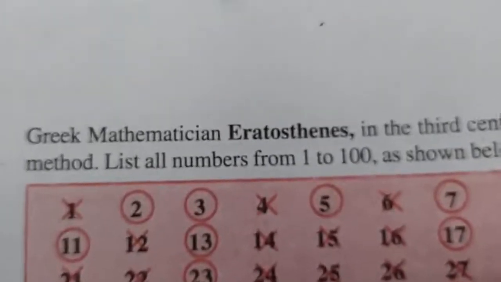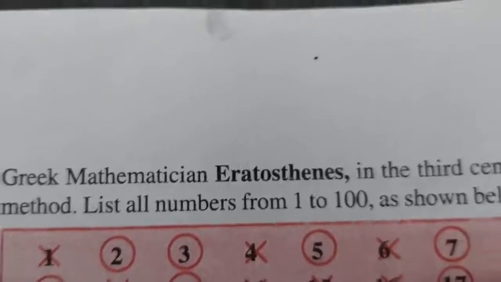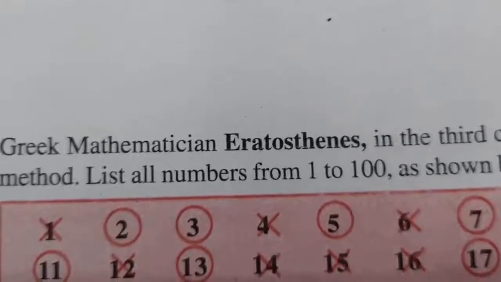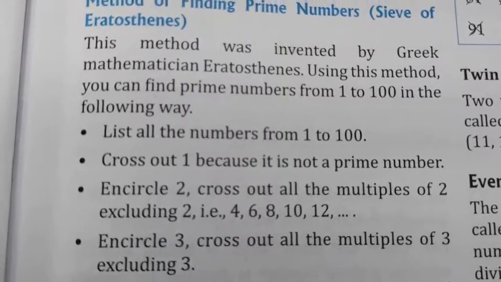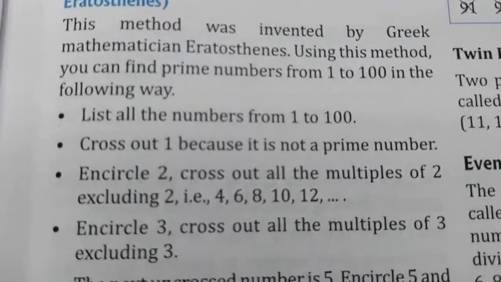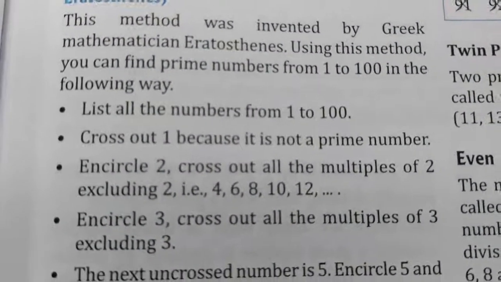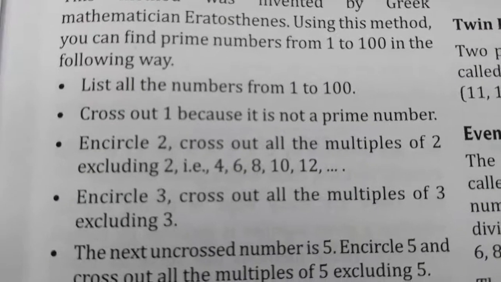This method of finding prime numbers from a list of numbers from 1 to 100 is known as the sieve of Eratosthenes.